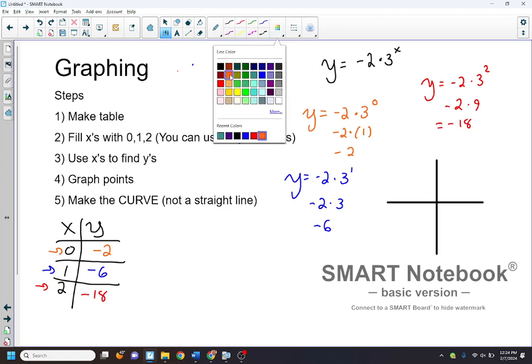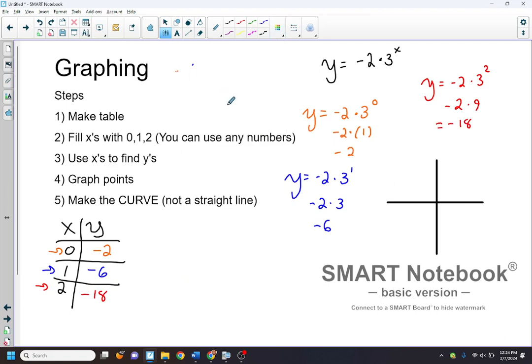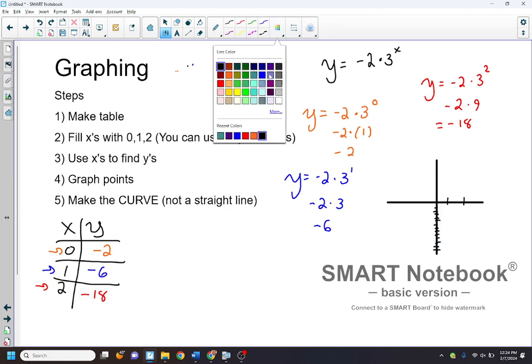Every time something is to the power of 0, yes, even if it's a whole group of things, there's always 1. Wait, so then you have to graph it? So then you'll have a graph on your table, or you'll have a graph on your paper. Will we have numbers like -18 that we can't graph? Now, if you do 0, 1, 2, they will fit.